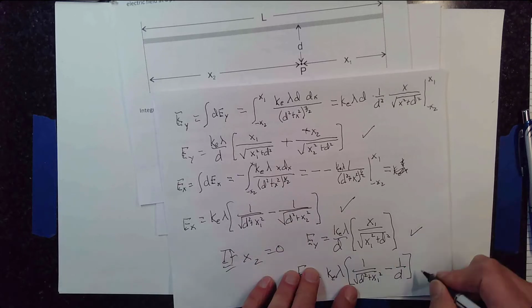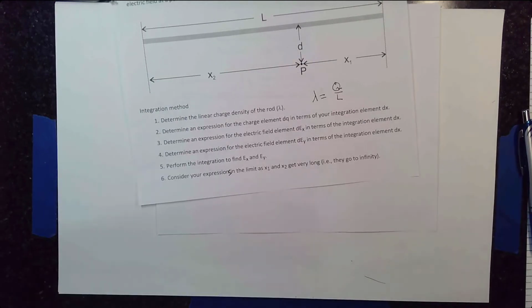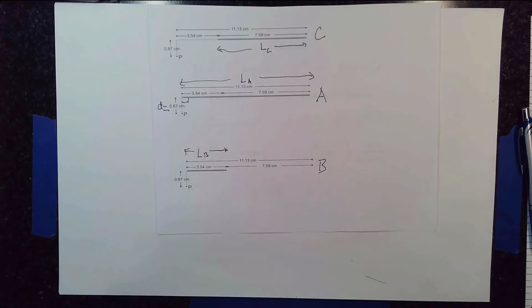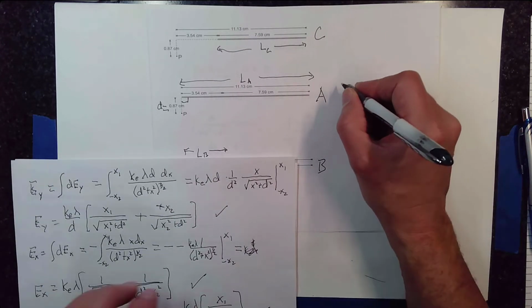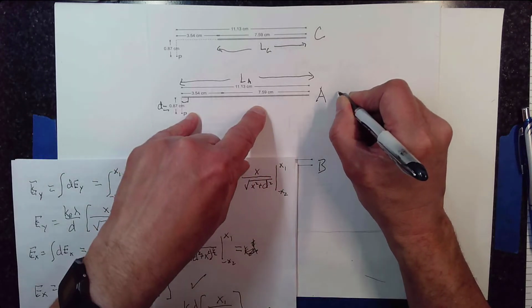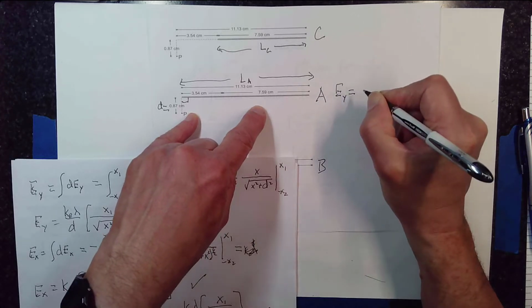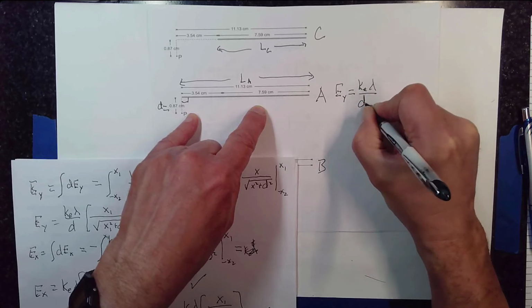And these two expressions are the situation that we have in one of the drawings that I did back here. Both B and A are that particular situation, those electric fields. And so I can write down both of those for this situation. For A, the y component of the electric field is going to equal k sub e lambda divided by d.